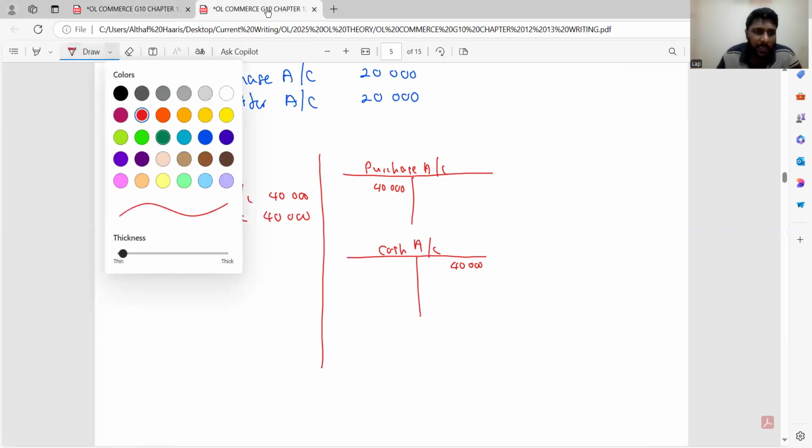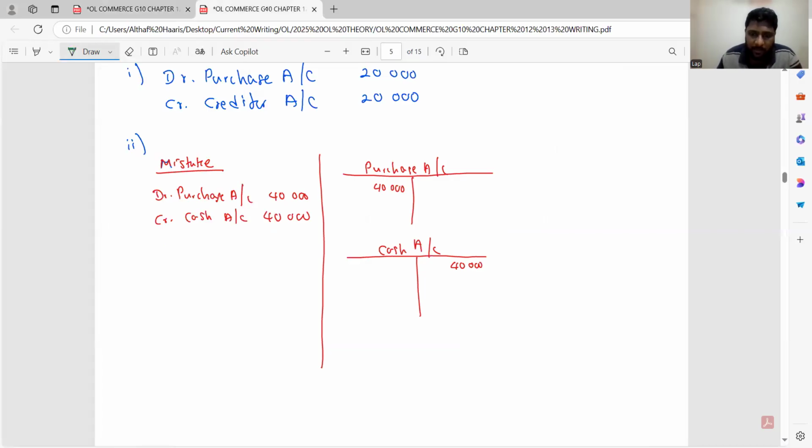Then in order to correct it, what we should do, Lamai? This is correct. Remove from the purchase account and put it to the computer account, 40,000.